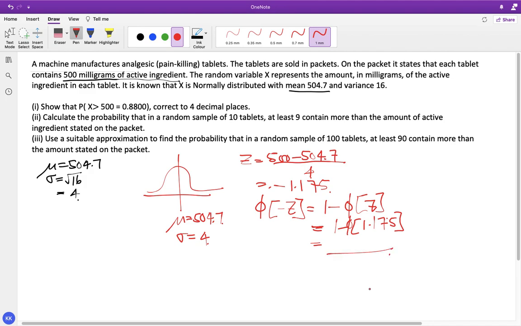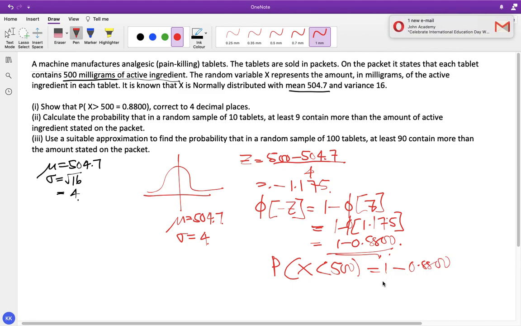Using MF19, the area that I've gotten is 1 minus 0.8800, because it's on the left, but that would be X less than 500, which is 0.12.